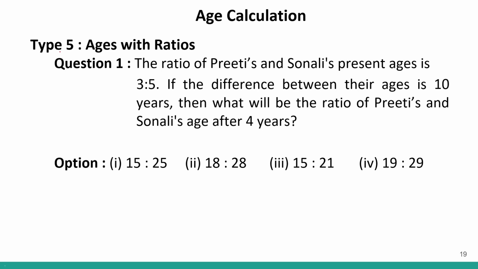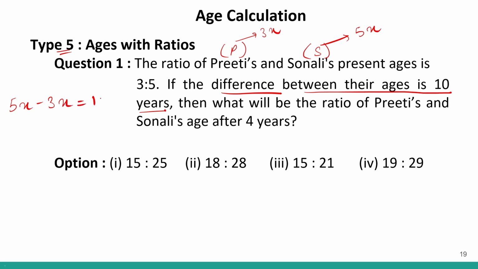Now the next type number 5, ages with ratios. In this certain ratios are given and we have to find the answer accordingly. Now the ratio of Preeti and Sonali's present age is 3:5. So let's say Preeti's age is 3x. Sonali's age will be how much? 5x. Correct? If the difference between their ages is 10 years, that means 5x minus 3x is equal to 10.